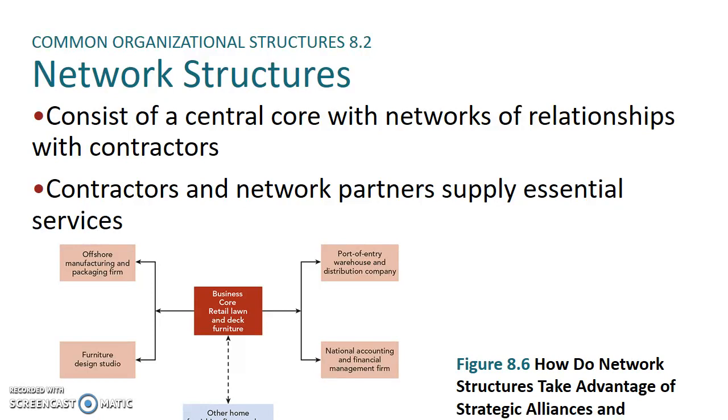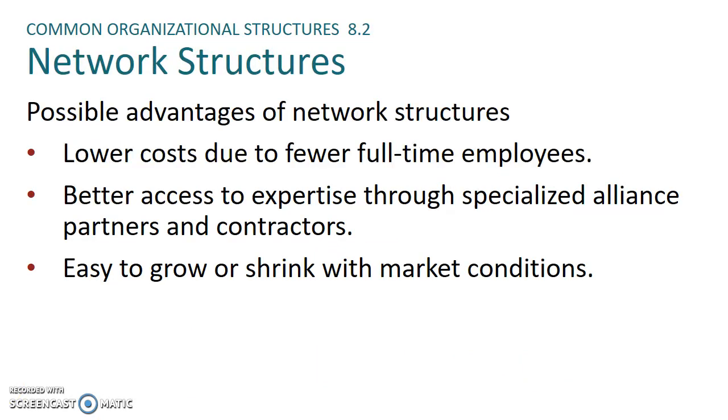If you were to create a network structure for an organization, you would hire only a few full-time employees. Again, this lowers your costs, but you would employ only a few full-time core employees, and then you would utilize that network of alliances and relationships with partners and contractors and suppliers for all other work.